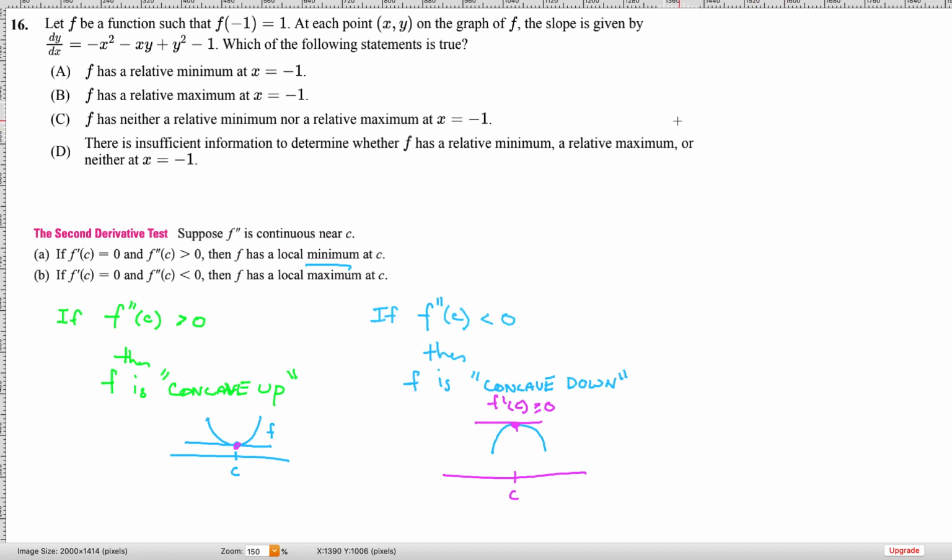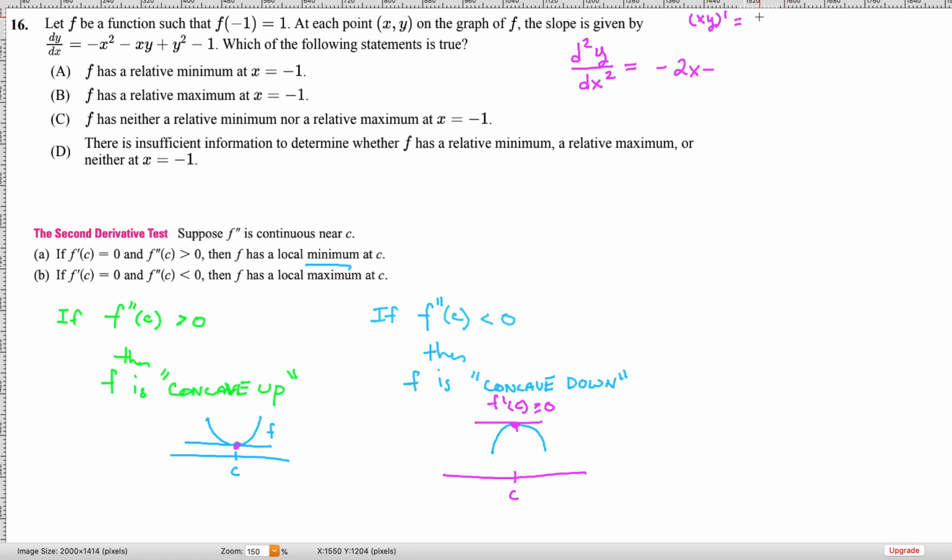What I'm going to do is find the second derivative. d squared y over dx squared is equal to, now I have to take the derivative of the derivative. So it's going to be -2x minus, and I'm going to differentiate x times y on the side. For the derivative of x times y, I have to do the product rule.